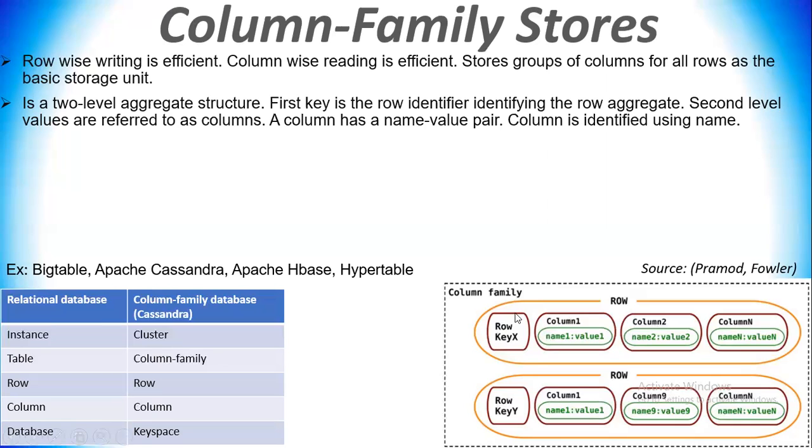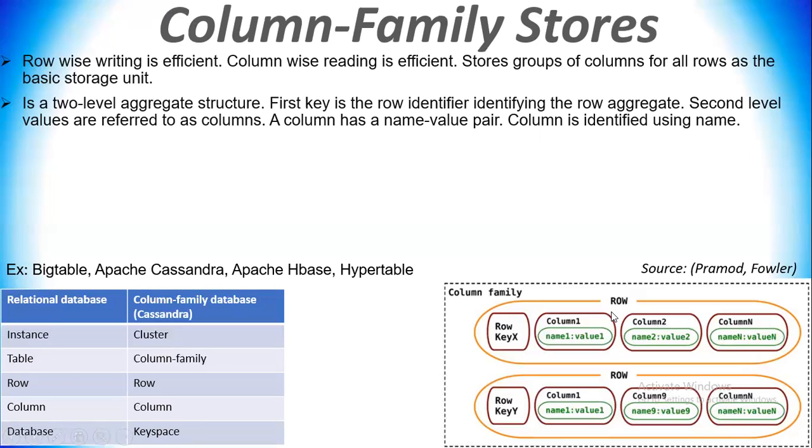Why two-level? The first level is this row, what is shown in this yellow colored boundary. So this is the first level, where you have the row key, and this is the value. All columns are the value.